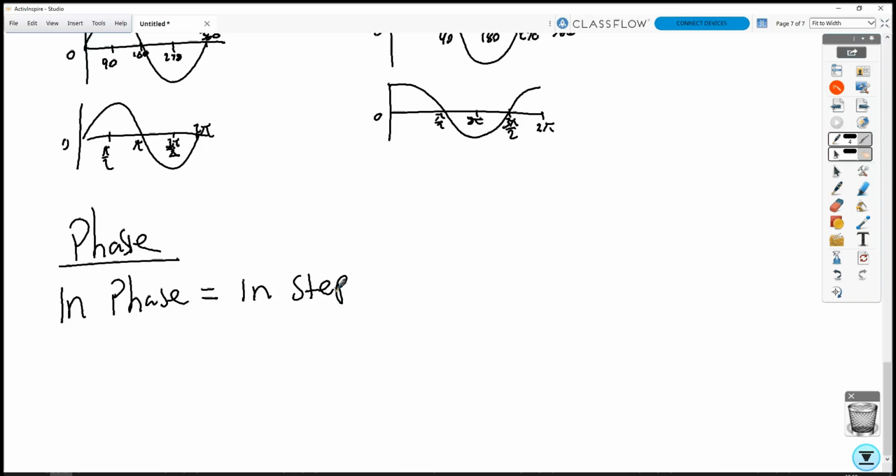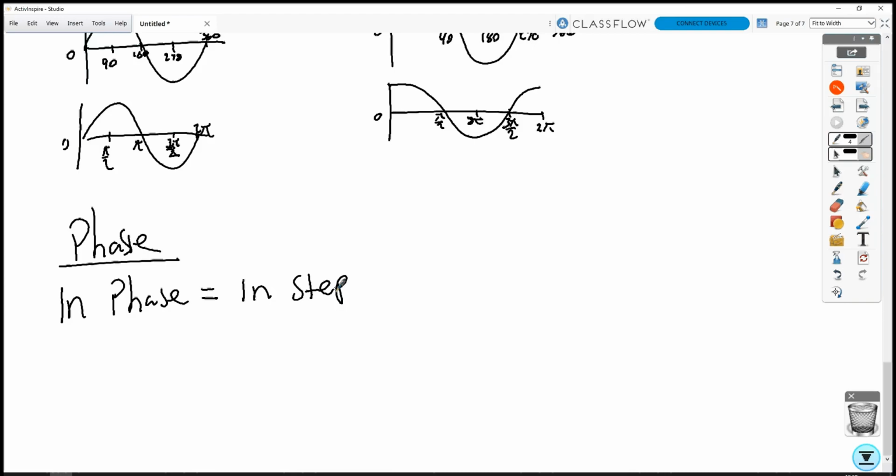For example, imagine a row of our soldiers marching, and then imagine a second row who are marching with their opposite legs. So when one row, the soldiers step forward with their right leg, the second row step forward with their left leg. They're not in phase with each other. They're out of phase by 180 degrees or by pi radians.